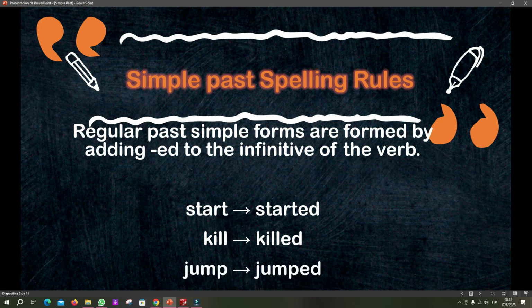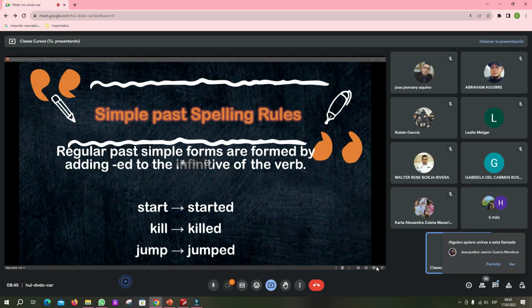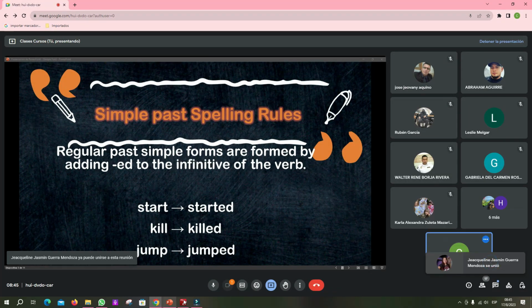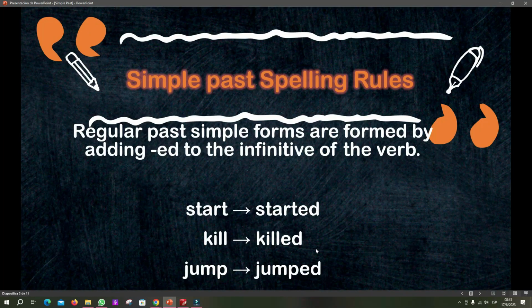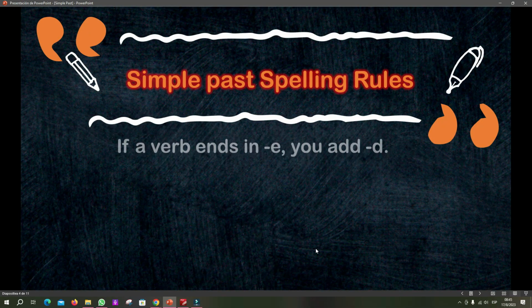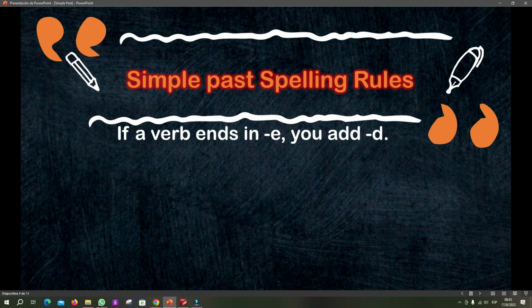Also, you can have jump, jumped, right? Tenemos otro, vean, solo le agregamos el ed, ok? So, if a verb ends in E, you add only D. For example, agree, that is a verb that finishes in E, right?